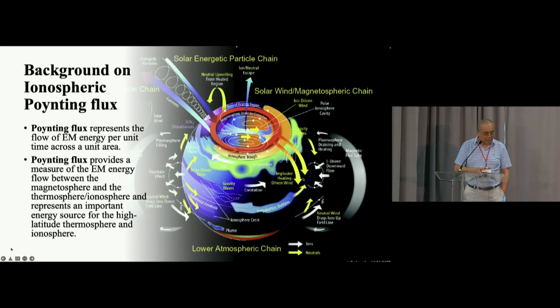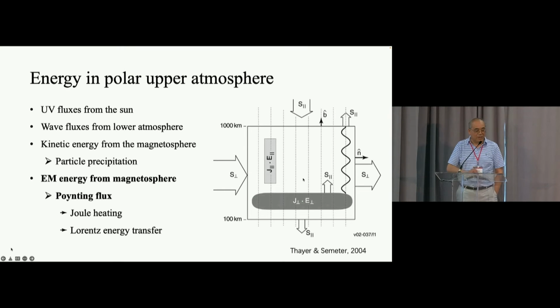This is a very famous picture. The Poynting flux represents the energy flow from the magnetosphere to the ionosphere per unit area per unit time, and it provides a measure of energy transfer between the magnetosphere and the ionosphere. Energy into the upper atmosphere has three components. First is solar UV, typically from the sun.